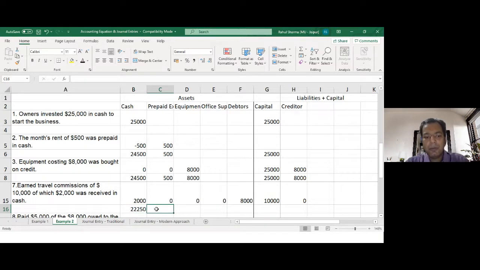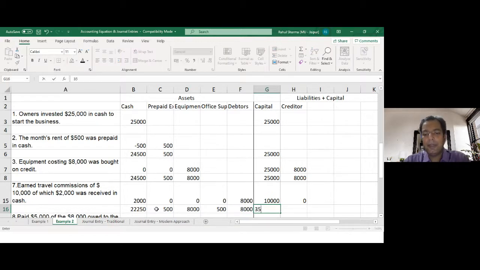No impact on prepaid expenses, 500. No impact on equipment, 8,000. No impact on office supplies, that was 500. And debtors again, it is 8,000. And over here it would be 35,000 and 8,000.